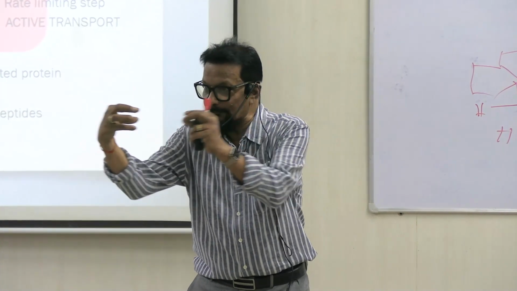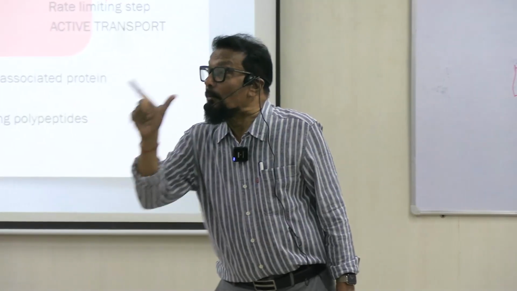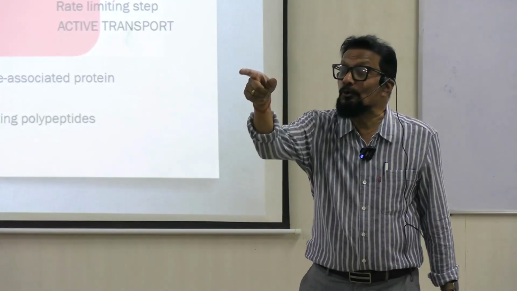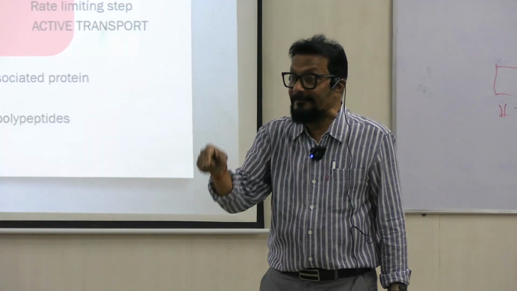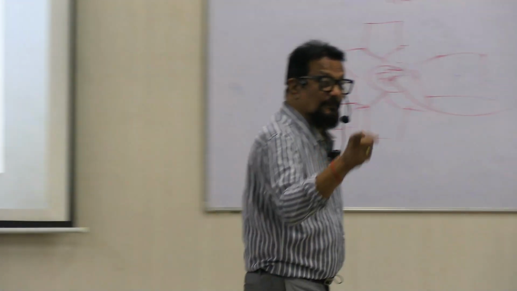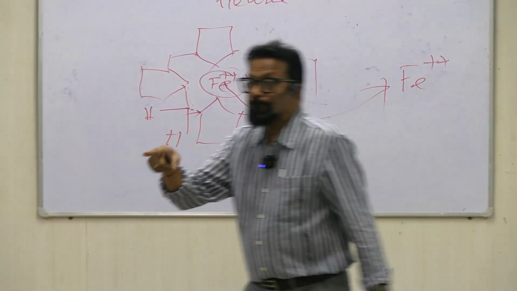Glucuronic acid and bilirubin together will form bilirubin monoglucuronide, and the enzyme is UDP glucuronosyltransferase. You will find the total steps.